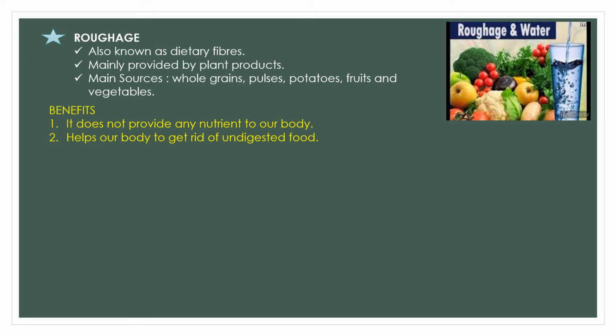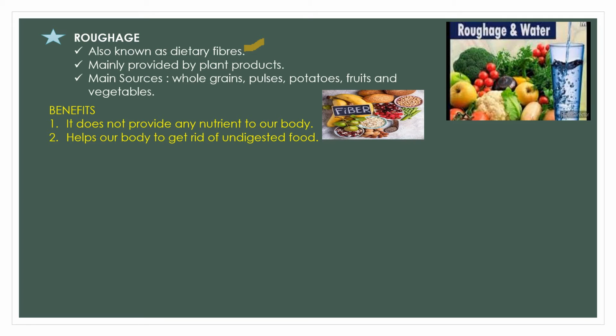Now, along with those nutrients, two more are there, that is roughage and water. First we will discuss roughage. Roughage is also known as dietary fibers, and they are mainly provided by plant products. The main sources of roughage are whole grains, pulses, potatoes, fruits and vegetables.